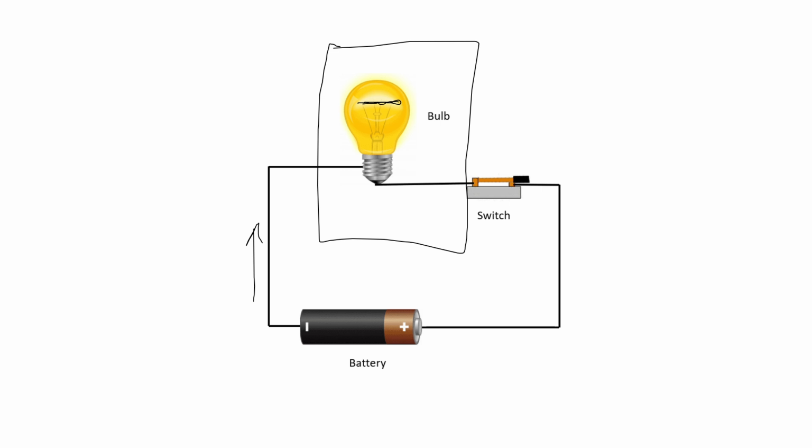This is called a filament bulb, and these kinds of bulbs were not very efficient because they produce a lot of heat, and we want to reduce heat since our main focus is producing light. Other than that, we have other kinds of components such as an LED. An LED is more efficient. This is what we use these days.